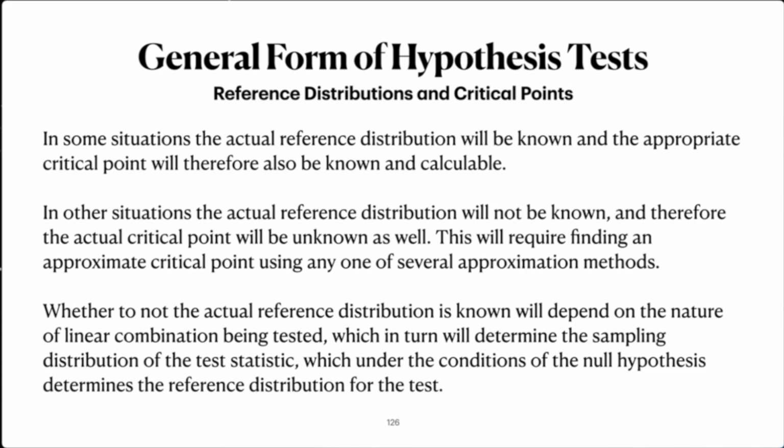This will require finding an approximate critical point using any one of several approximation methods that are available. Now, whether or not the actual reference distribution is known will depend on the nature of the linear combination being tested, which in turn will determine the sampling distribution of the test statistic, which, under the conditions of the null hypothesis, determines the reference distribution for the test.